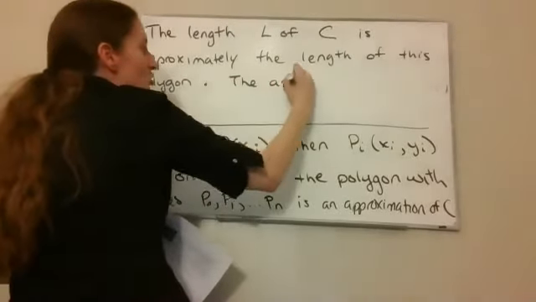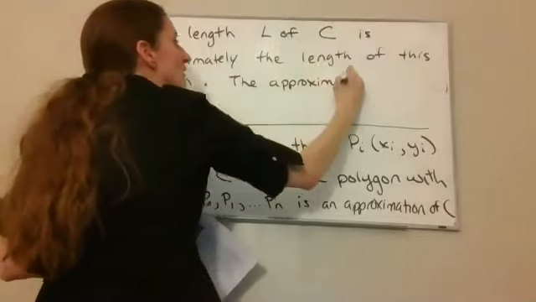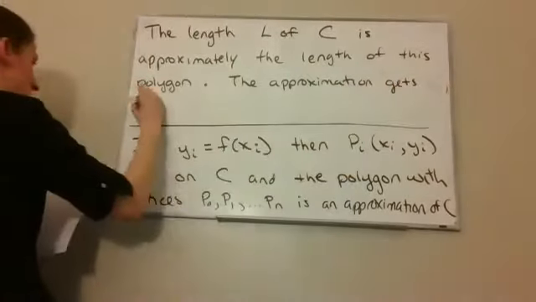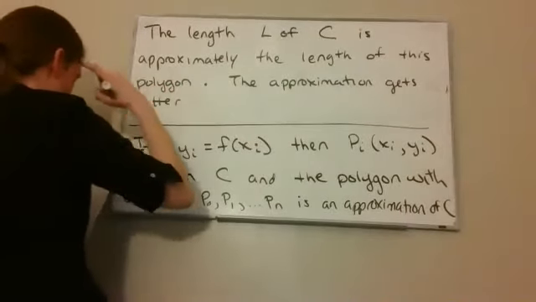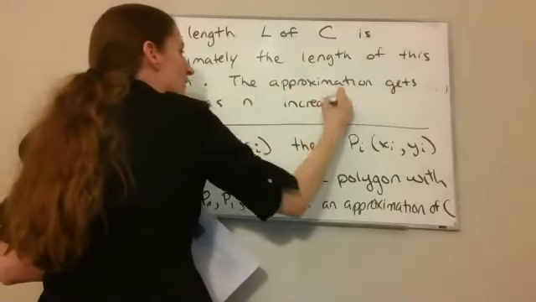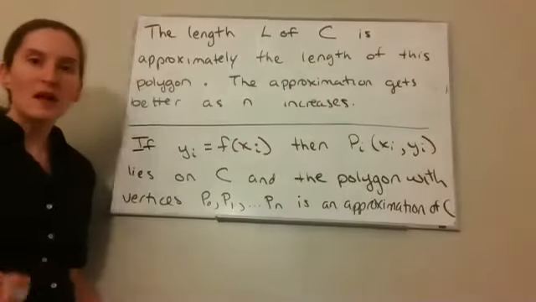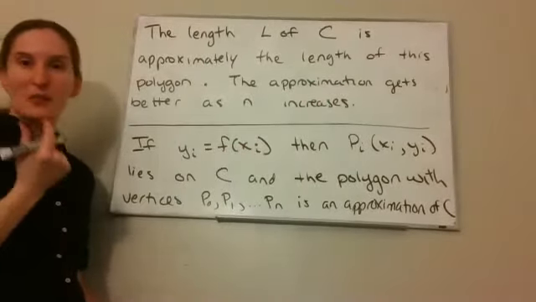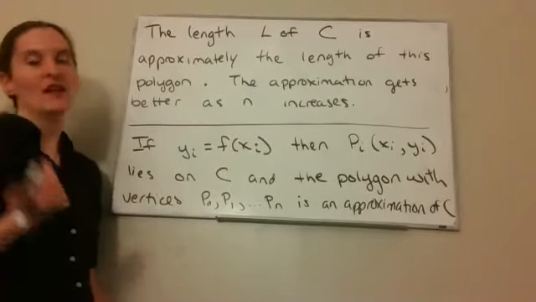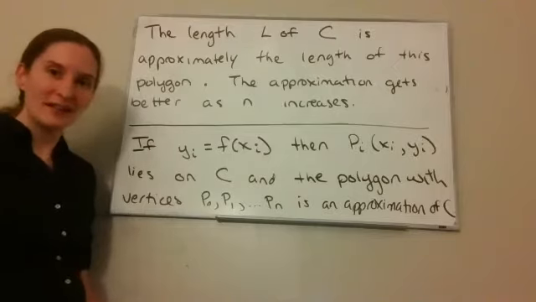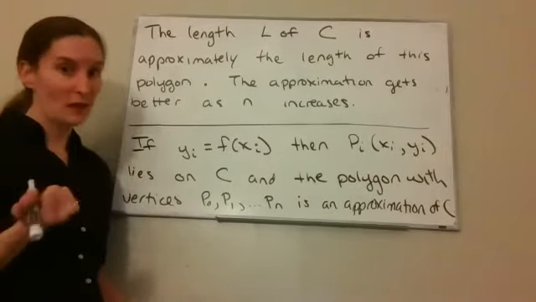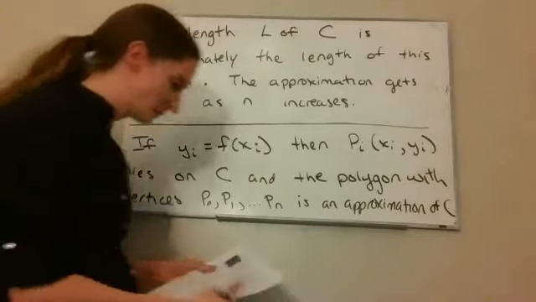The approximation gets better as n increases. So the more subintervals we use, which makes more straight line pieces, the better this approximation is. And as you can imagine, when we take a limit as n goes to infinity, we'll get the actual length of this curve C.